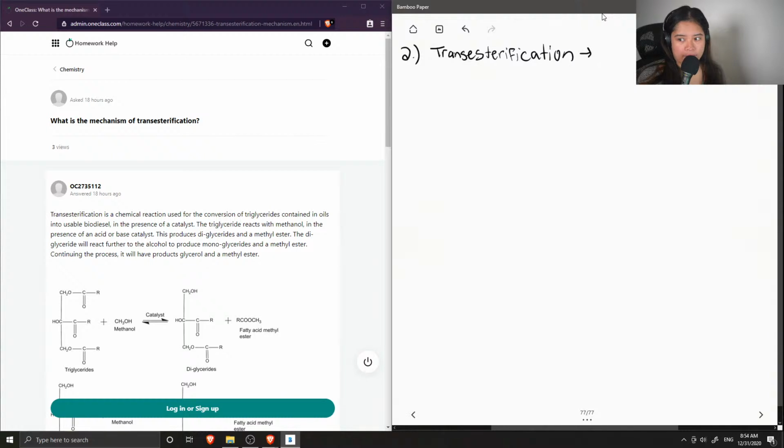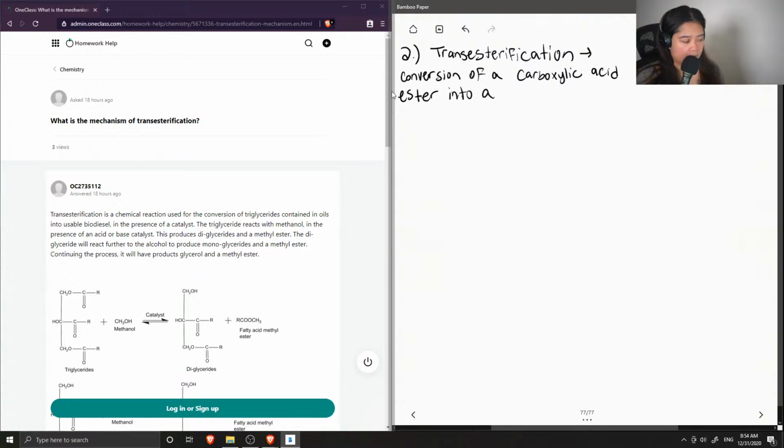When we have an esterification reaction, this involves the conversion of a carboxylic acid ester into a different carboxylic acid ester.